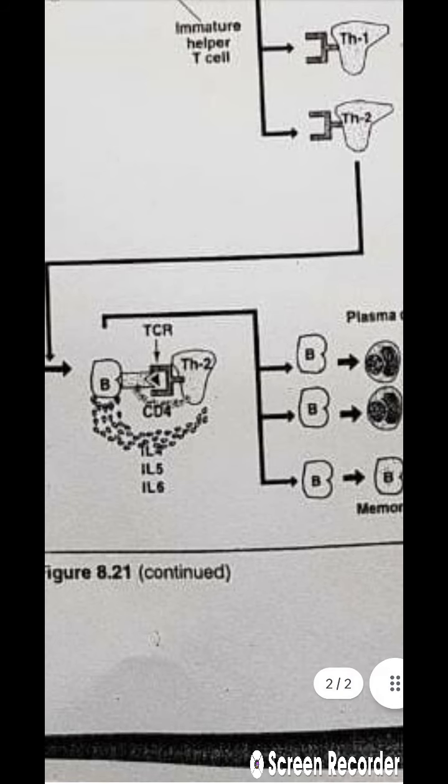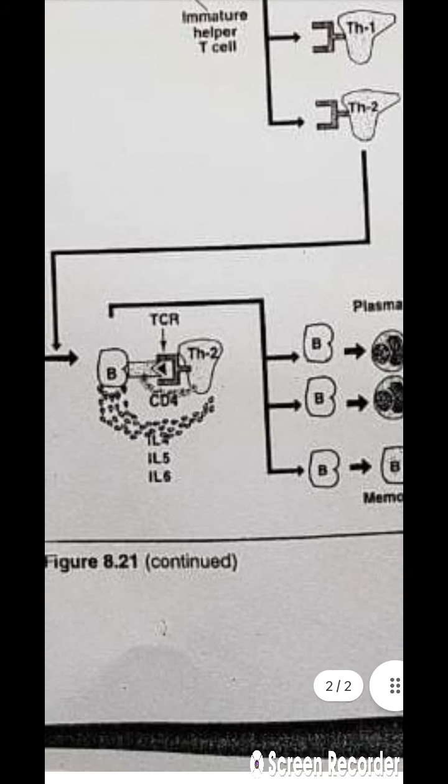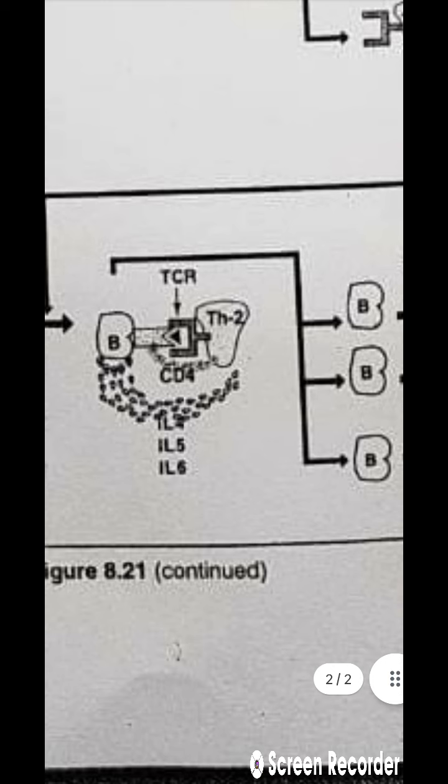But after this first signal, what happens? The Th2 subtype cell gets activated and releases some cytokines. But this cytokine is not interleukin 2, it is interleukin 4, 5 and 6. Please remember this, very important concept. So the B cell is presenting the peptide to the T cell receptor.